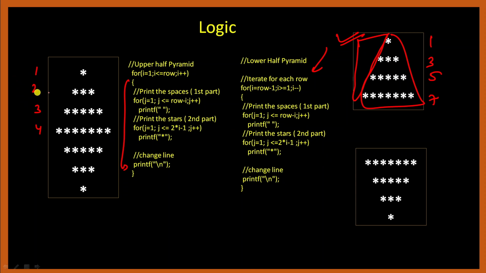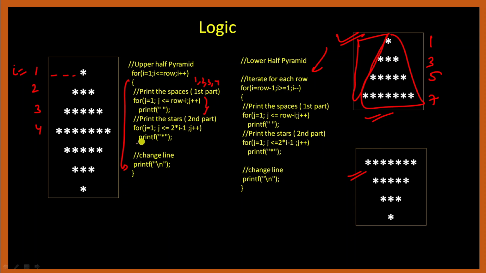For the first 4 rows, that is first, second, third and fourth, this will run, and for the next 3 rows this other code will run. For i equal to 1, here you can see 3 stars, so this will run 3 times. I'm not explaining in great detail because this code is similar to the earlier one, which I explained in my previous video.